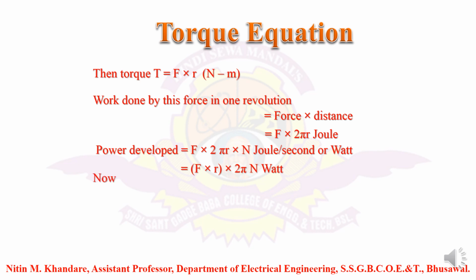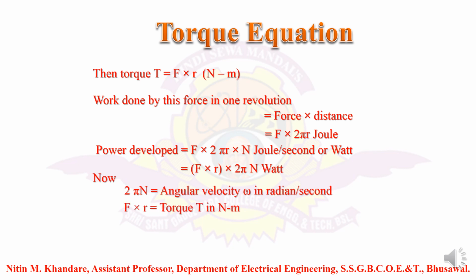The 2 pi into n is the angular velocity omega in radian per second, whereas F into r is the torque in Newton meter. So the power developed is given by the angular velocity omega and the torque. So P equals T omega in watts.